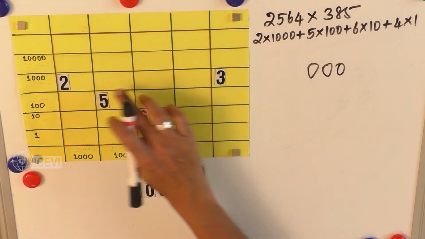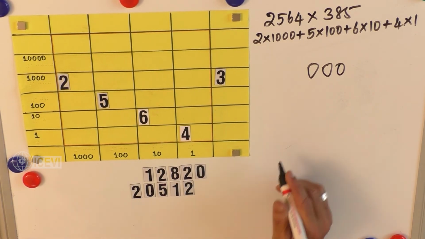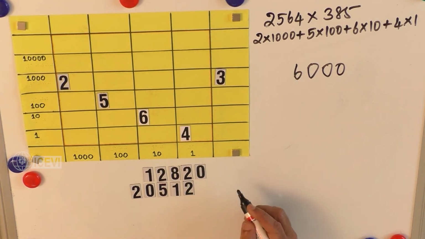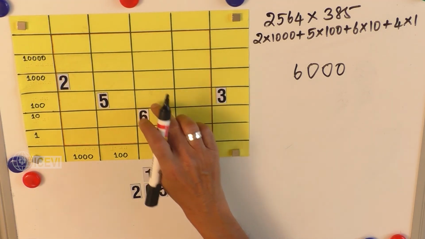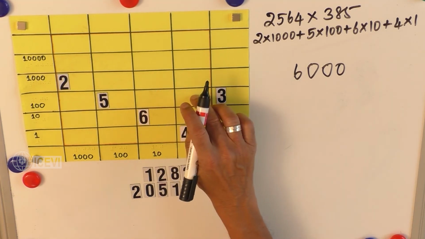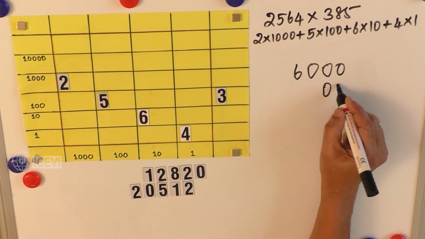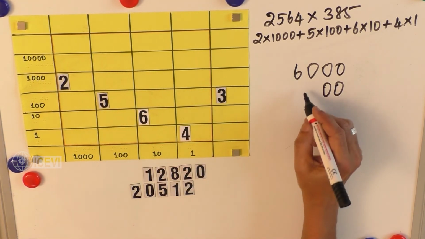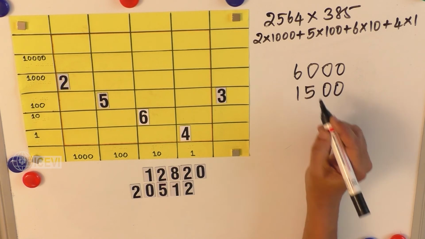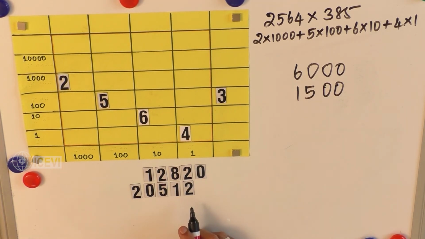And then 3 and 2 are multiplied, that means you get 6. Then the 3 is taken to the hundreds column. So you have 2 zeros to the right of 5, so you start with 2 zeros. Then 3 and 5 are multiplied, you get 1500.